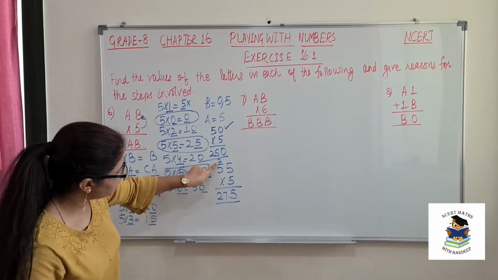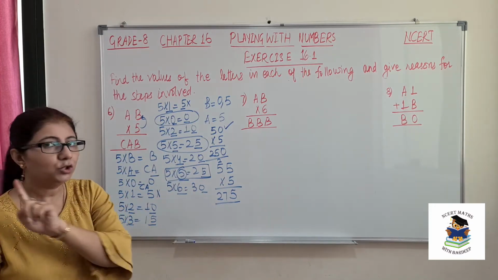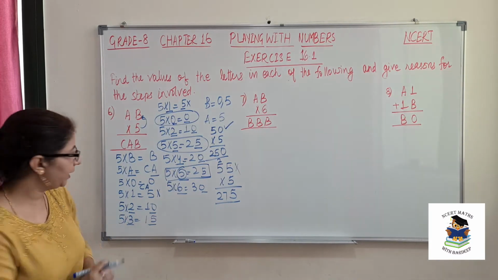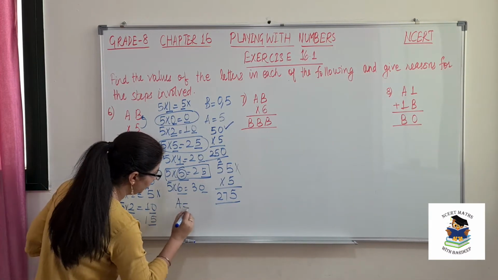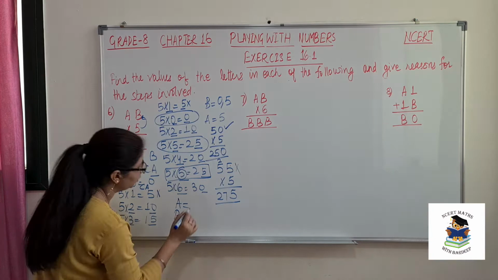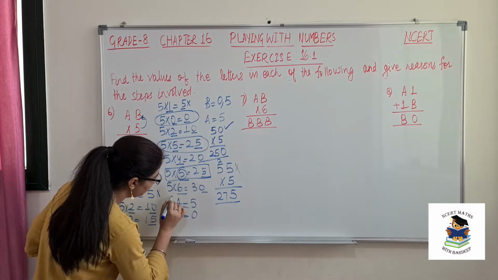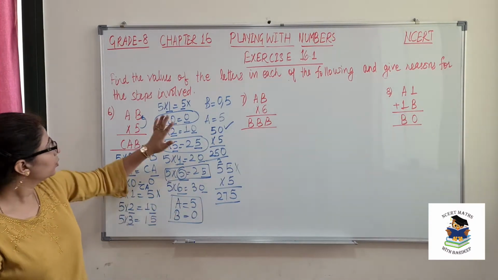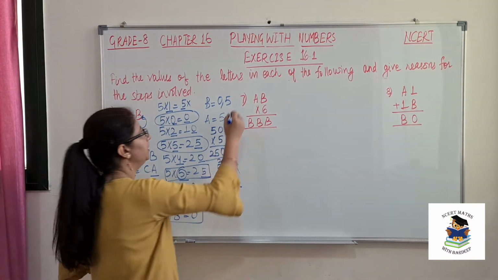But see, because of this carry, now this is 7, not 5. So this cannot be the correct solution. Okay. So what are the possible values then? A should be equal to 5 and B should be equal to 0. Correct? So this is our sixth question.